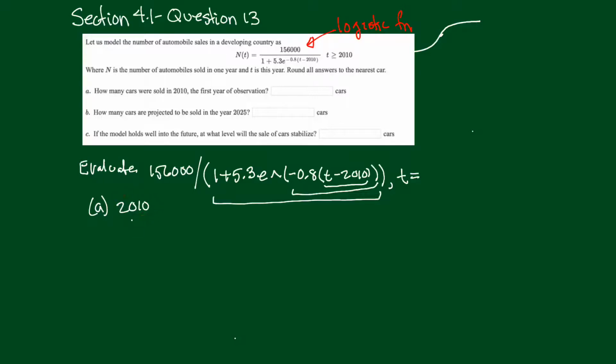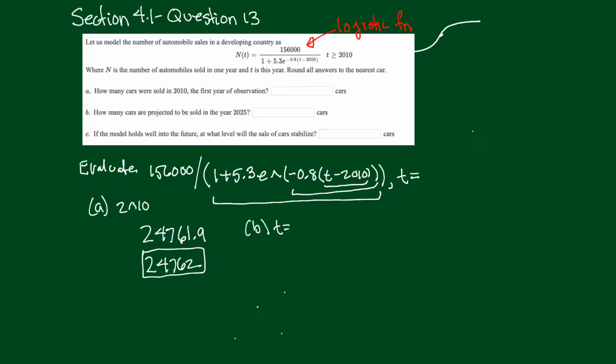All right, so I put 2010 in here, and Wolfram Alpha gives me this number back. So what's coming back is 24761.9, but since these are numbers of cars, I'm going to round this up, 24762. So in 2010, the start year, this country sold 24,762 cars.